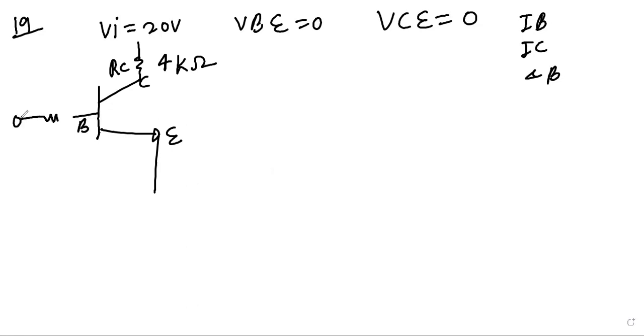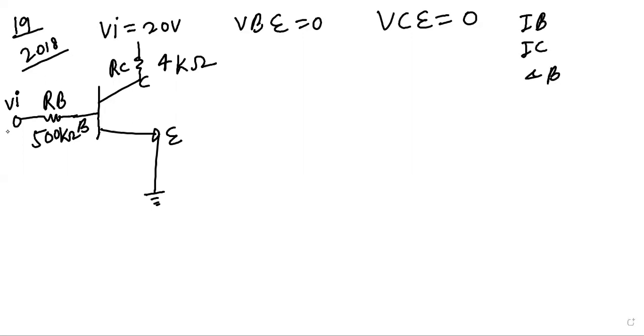The resistance through the base is given as RB, and that value is 500 kilo ohm, right? The input voltage is VI. This was asked in NEET 2018. So how will you calculate the value?